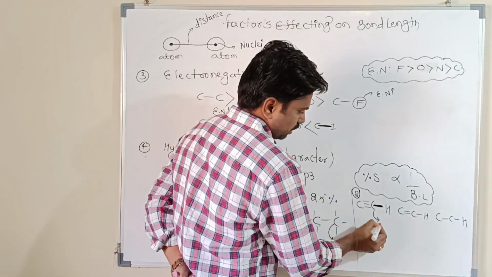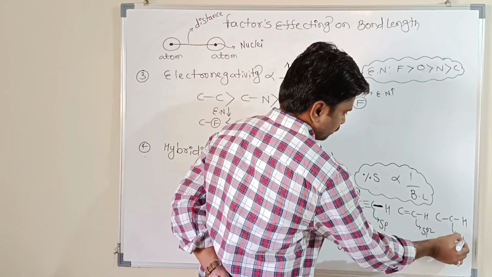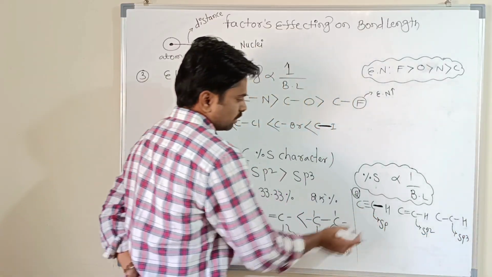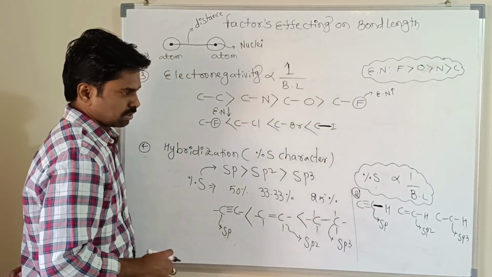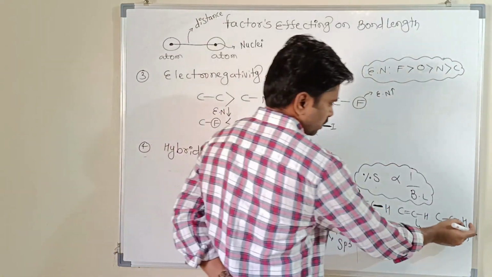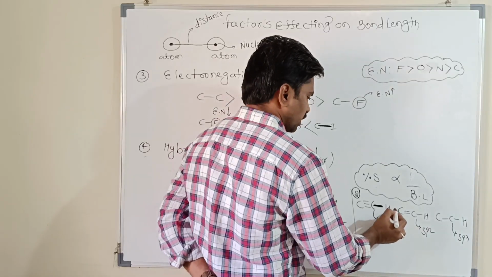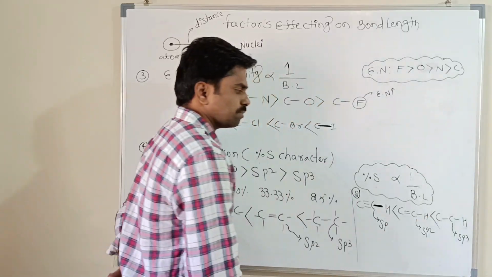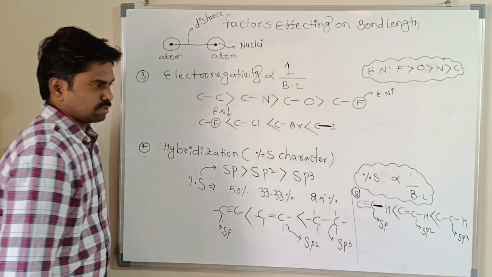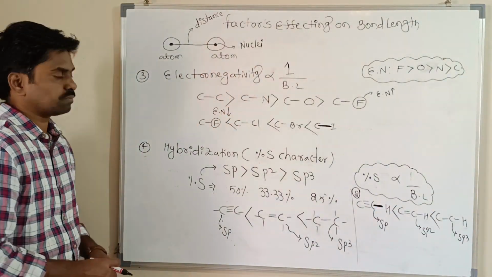We know this is sp hybridization, this is sp2, this is sp3. So the electronegativity is in excess due to the percentage of S character. This one has the shorter bond length, this one the longer bond length between carbon and hydrogen. So finally, sp3 hybridization has the excess bond length between carbon and hydrogen. Okay, understood? Right.